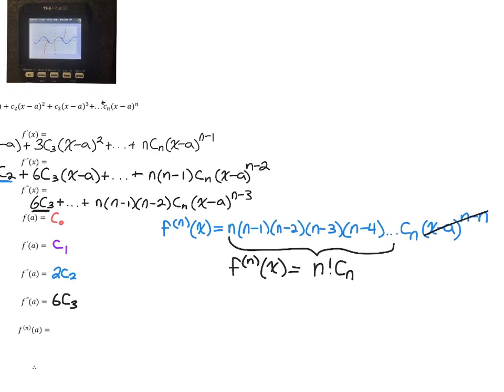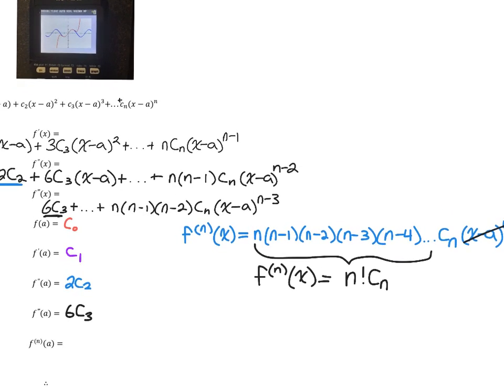So the big question would be, this guy here, is this 0 factorial times c sub 0? And then for the next one, is that 1 factorial times c sub 1? 2 factorial times c sub 2, and then finally 3 factorial times c sub 3.